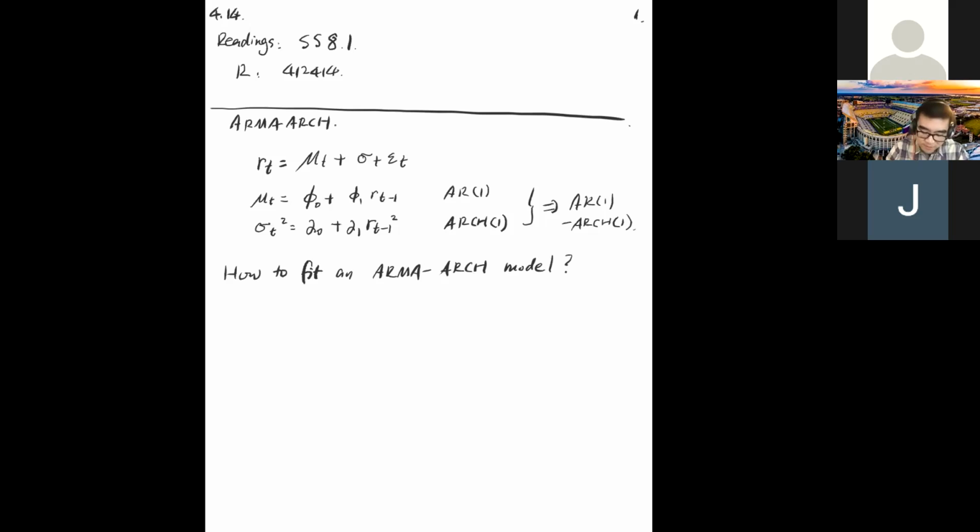It basically follows two steps. Step number one is that we will look at R_t, which is your raw data. We will look at the ACF and the PACF of your R_t and identify an ARMA structure.